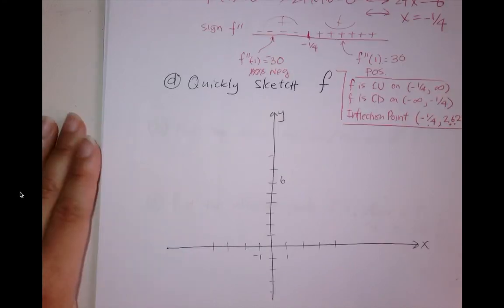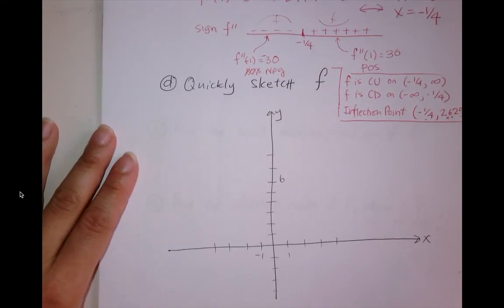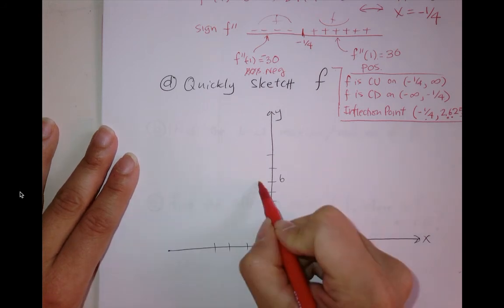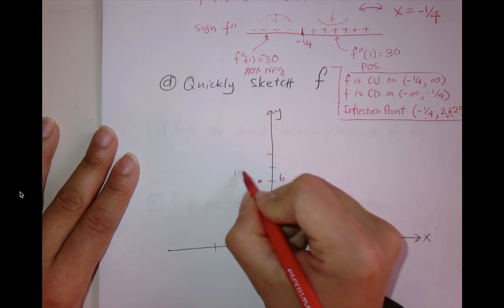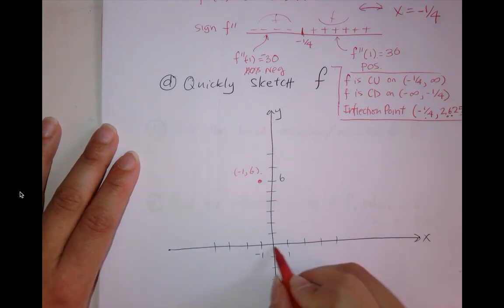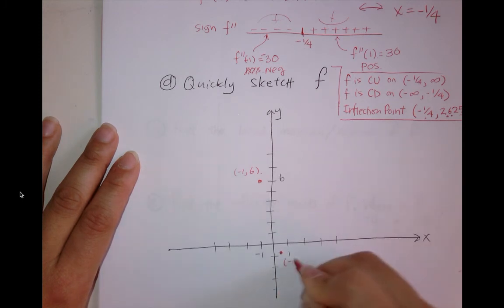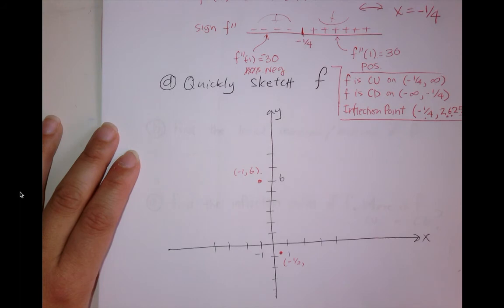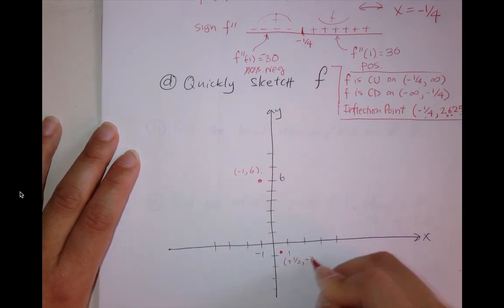The last thing I want to do is give a really quick sketch of this function using the information we have. The first thing I usually do is graph the local maxes and mins. So we had a local max at the point -1, 6, and we also had a local min at 1/2, -3/4.